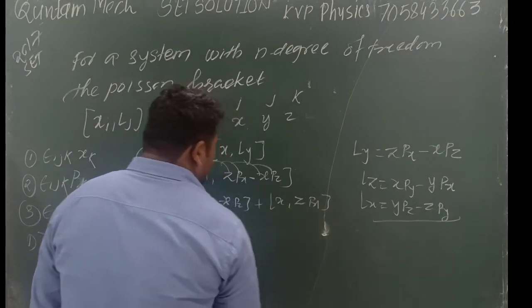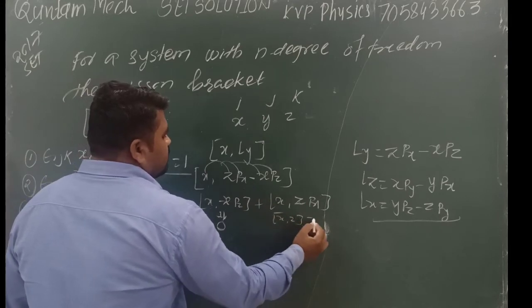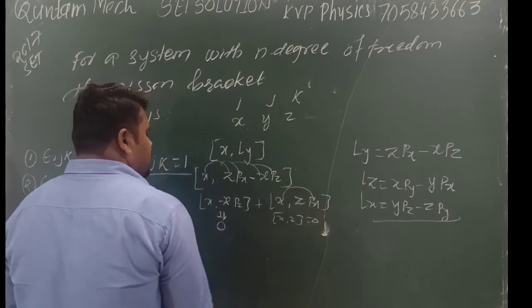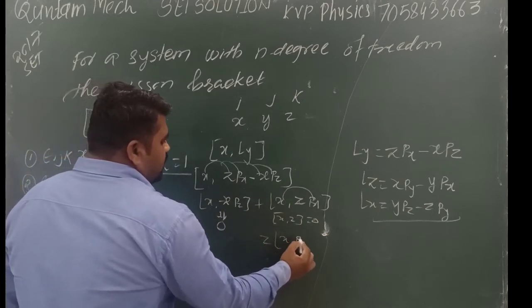Next, plus x comma z px. Again x with z, the commutation relation is equal to 0. Next, x with px, and take z common out: z times x comma px.